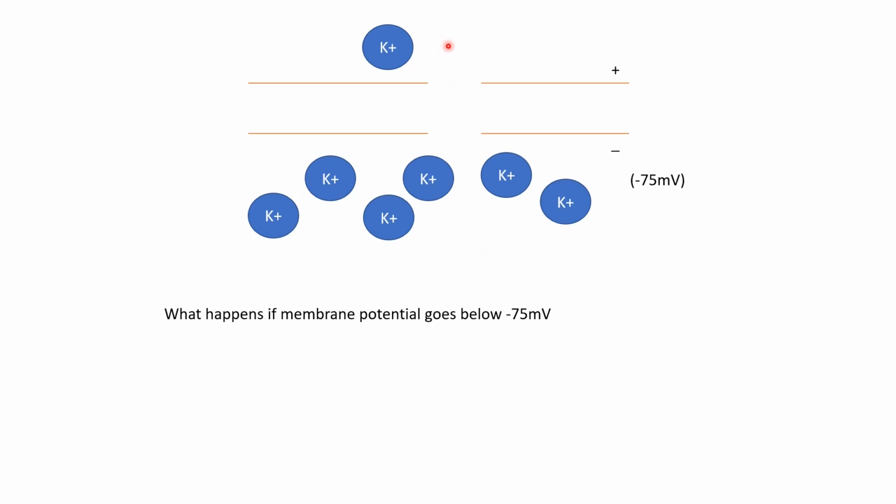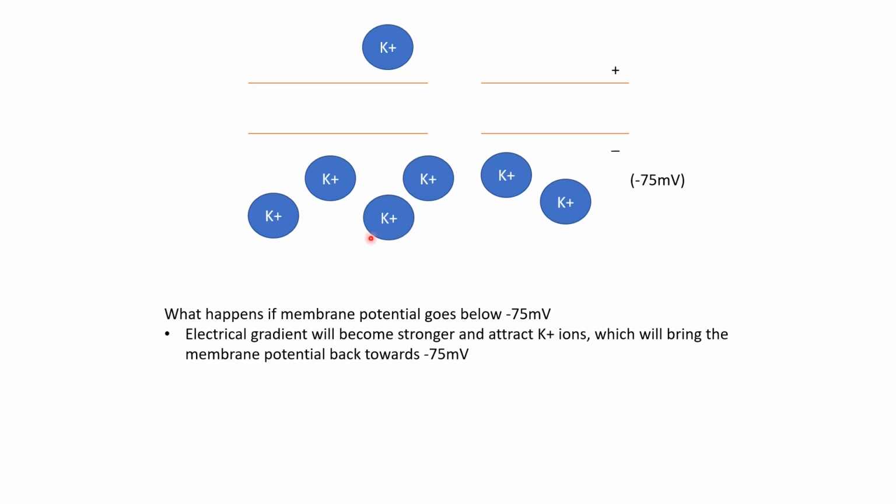And so the net movement of potassium ions will be towards inside, and as these positively charged ions come in, the membrane will become less negative. So from -80 it will start coming back towards -75, and after some time it will have reached -75 millivolts. So basically the potassium ions try to bring the membrane potential towards -75 if the membrane potential goes below this value.